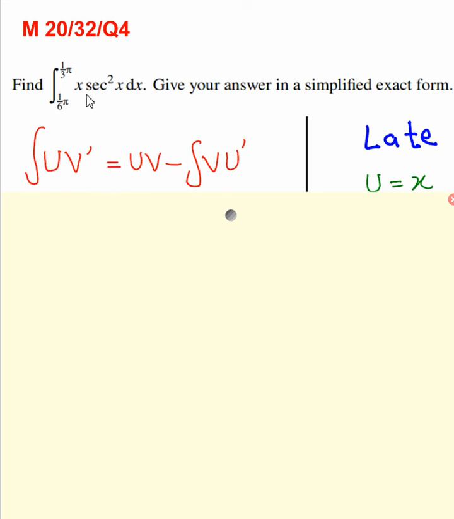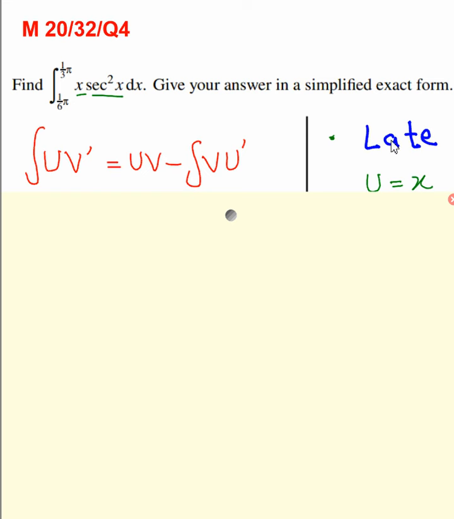Okay, so now this is my question. One from polynomial and one from trigonometry, one will be assigned u and one will be assigned v prime. How do we decide which one will be u? We use the word LATE: Log, Algebra meaning polynomial, Trigonometry, Exponential.